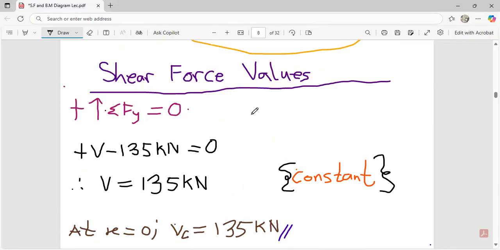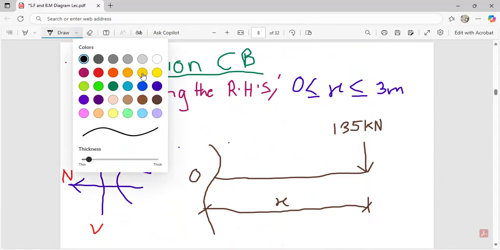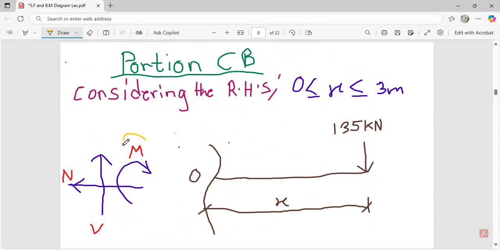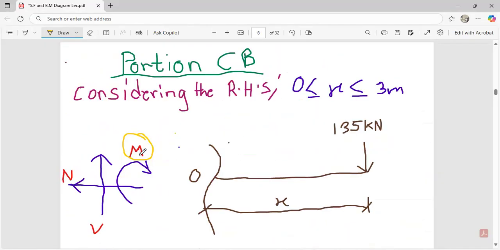Someone is asking me where the M I've written came from. It came from this M you are seeing over here, which I wrote as minus M because it is taking a clockwise direction.